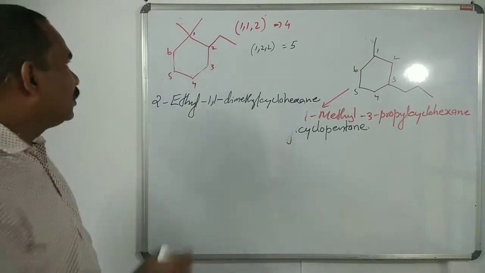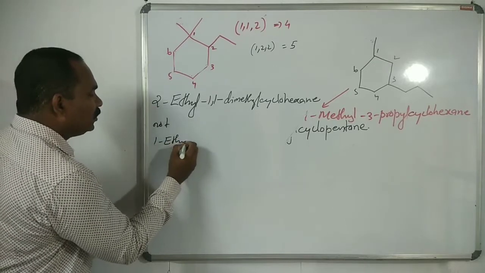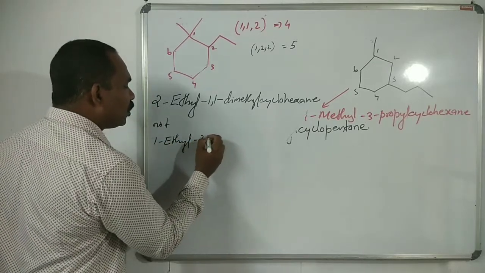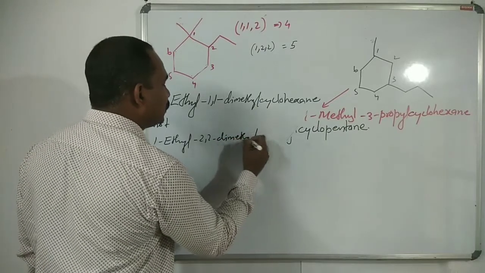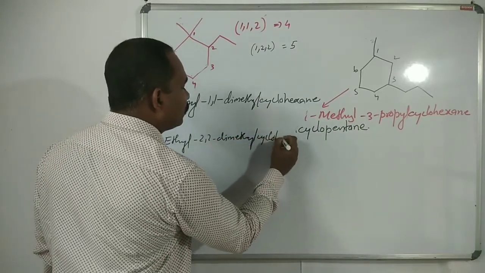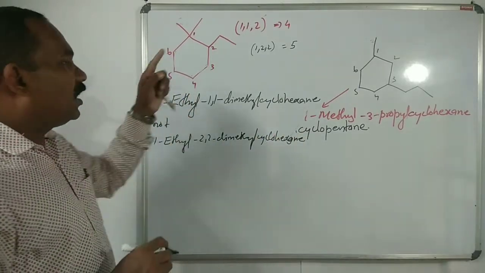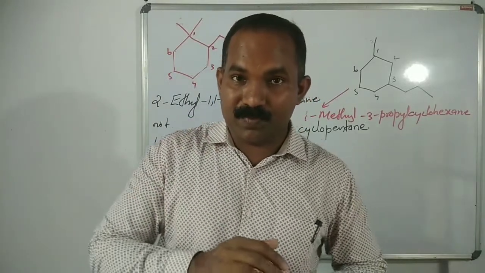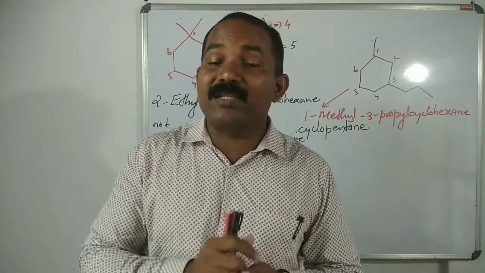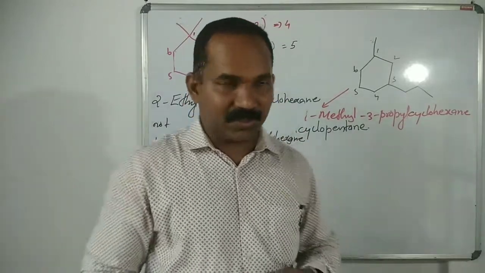Are you clear? This is not 1 ethyl, 2 comma 2 dimethyl cyclohexane. Some students give the numbering in alphabetical order. No. First you consider the lowest sum rule, and only then can you follow the identical position.